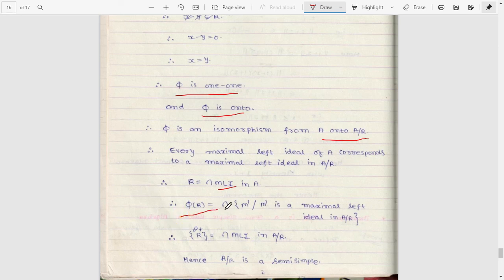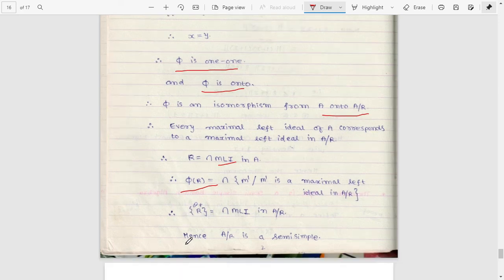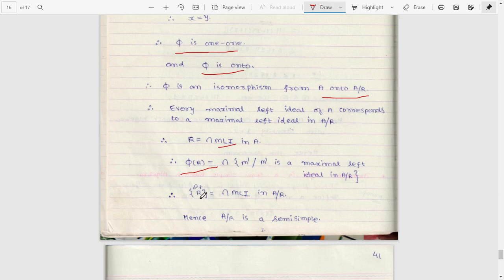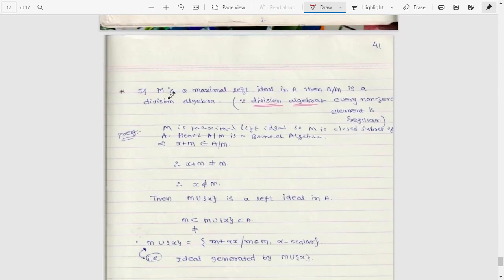So phi of R is equal to the intersection of M', where M' is a maximal left ideal in A/R. So R is equal to the intersection of maximal left ideals in A/R. Hence A/R is semi-simple. Now we have to prove: if M is a maximal left ideal in A, then A/M is a division algebra.